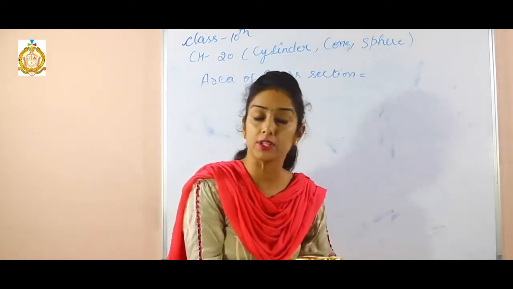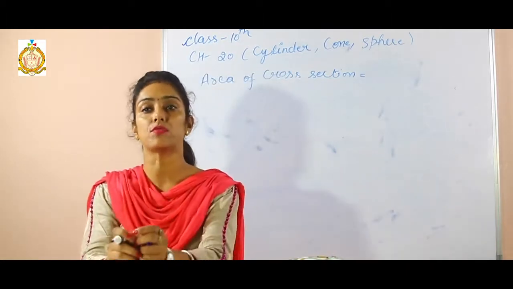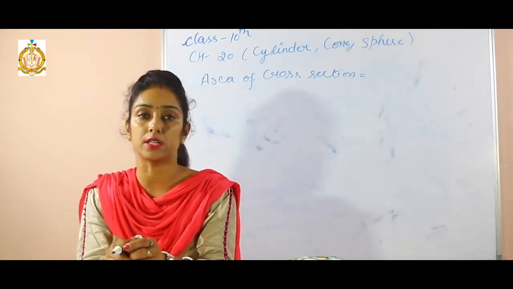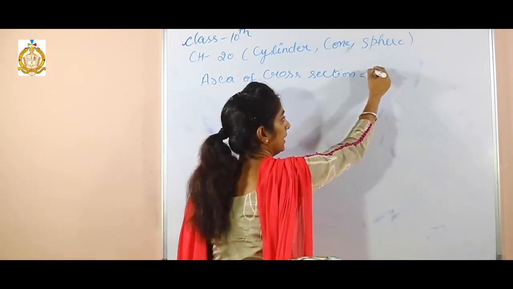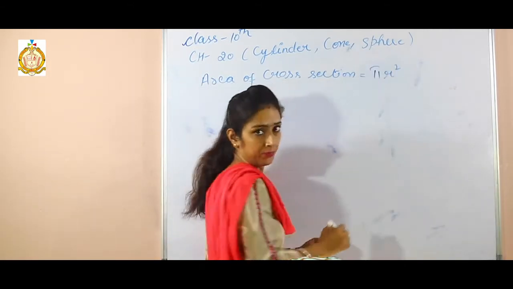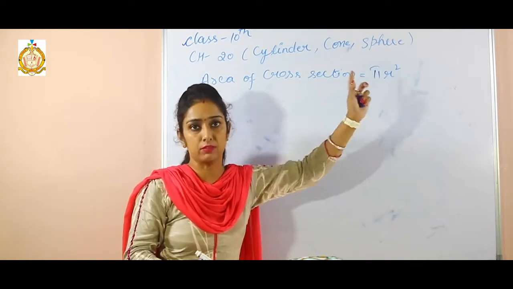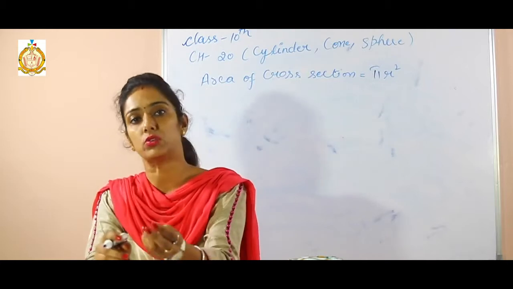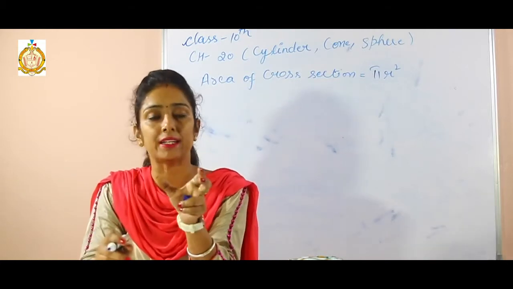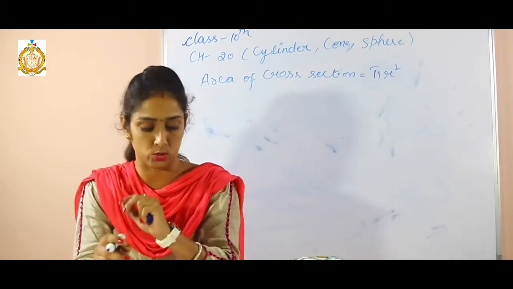So everybody knows what the area of a circle is. Area of circle is pi r square. We know the value of pi. Value of pi is 22 over 7 or 3.14. You can take it according to the instructions, right?